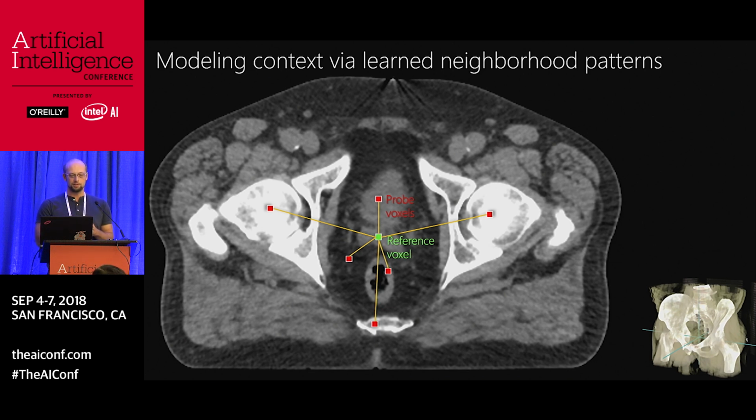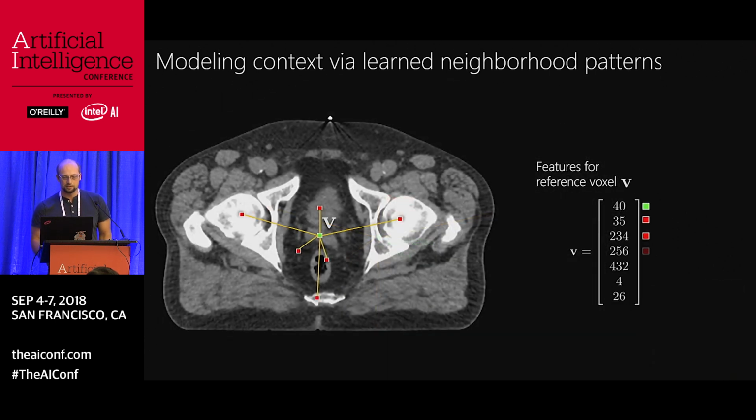So such a configuration that for this particular voxel in this area would result in, for example, voxels that belong to the bladder going to the left branch of the tree, and all the other voxels going to the right branch of the tree. These are the features that we use.